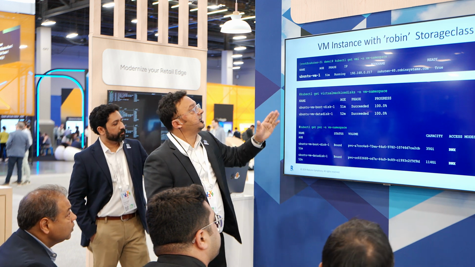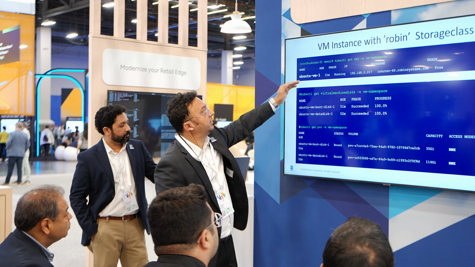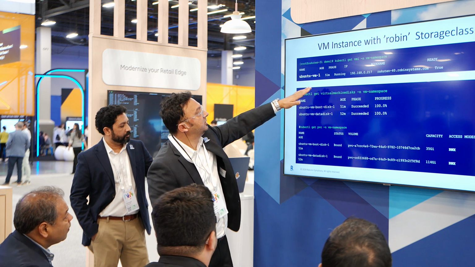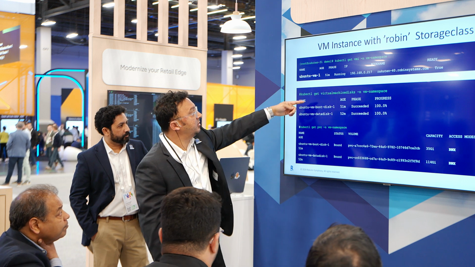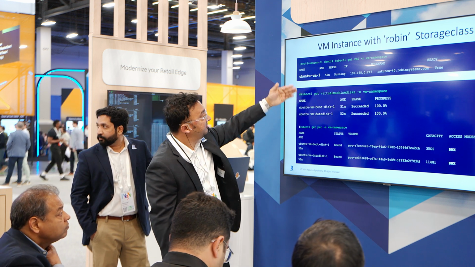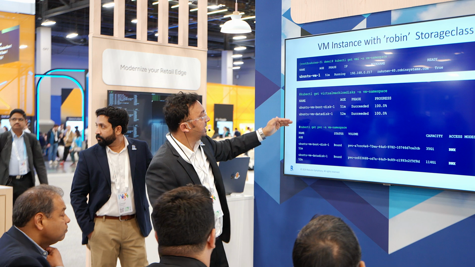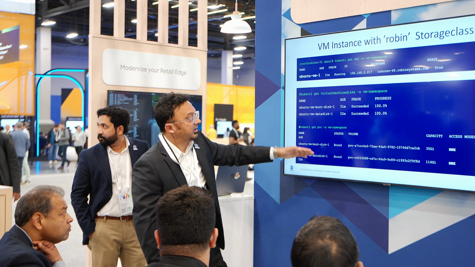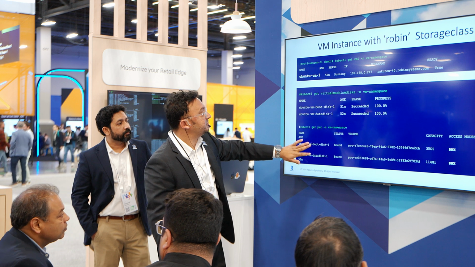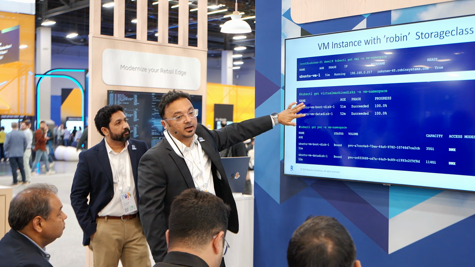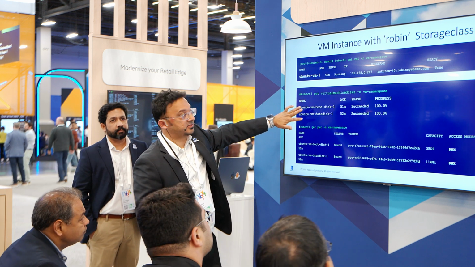As you see here, once the Ubuntu VM is deployed, the VM is running, and the virtual machine disks that are part of this VM are also running. It uses the underlying Robin RWX storage class and creates PVCs, and these PVCs bind the virtual machine disks to the VM.